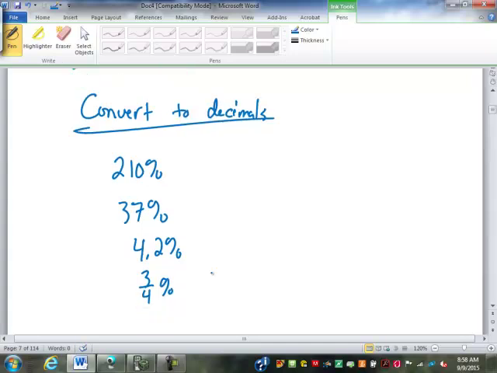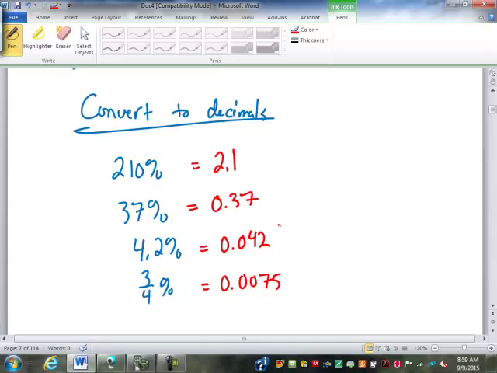Convert those to decimals. So 210% becomes 2.1. 37%, 0.37. 4.2%, 0.042, and 3/4%, 0.0075. Any questions on those?